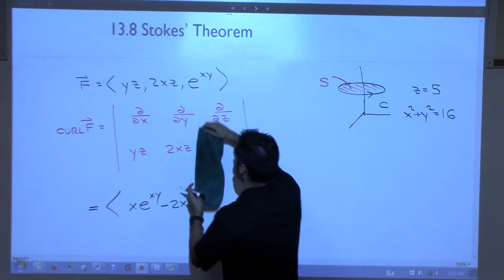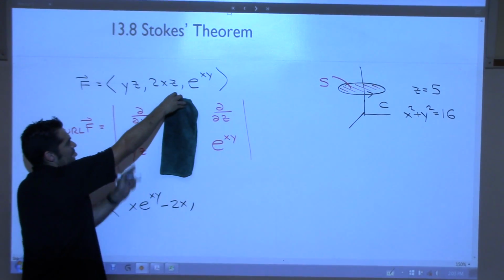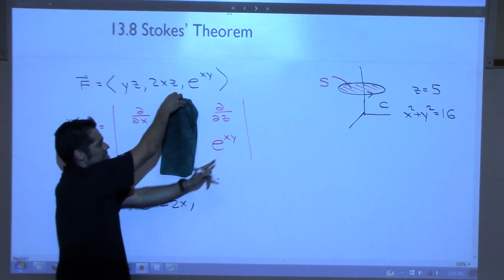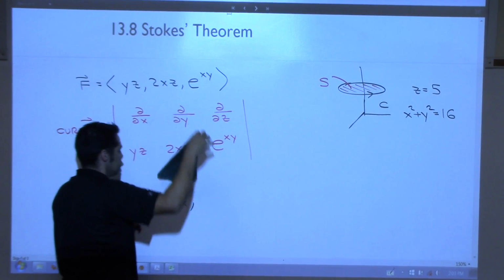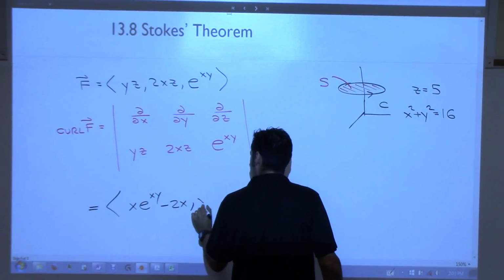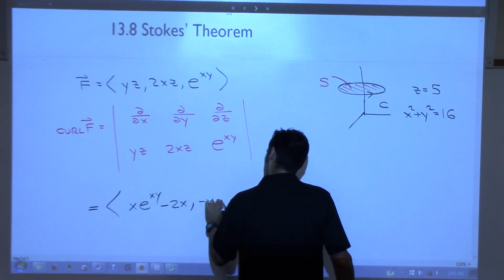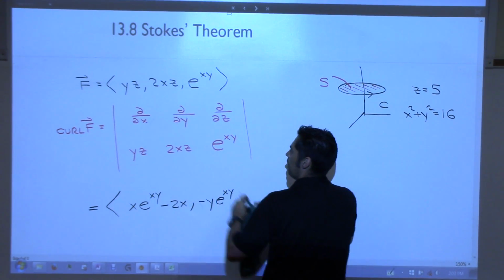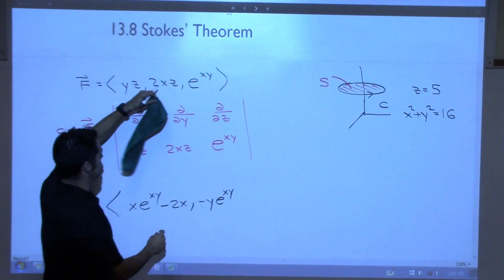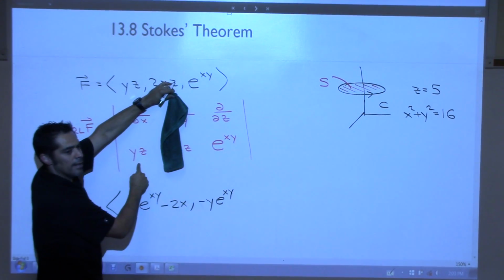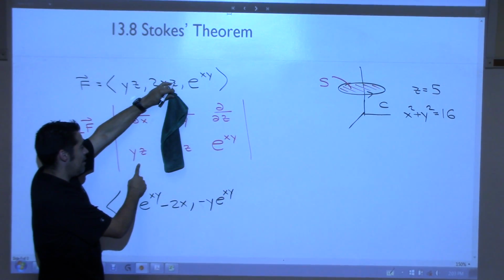All right, good. Partial with respect to x of this is y e to the xy, but negative, right? Because it's the j. Here to here I get y, but it's supposed to be minus, but then it's subtracted.